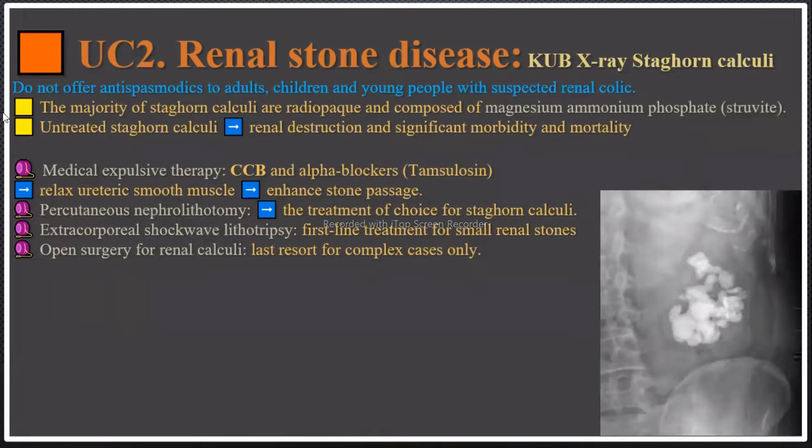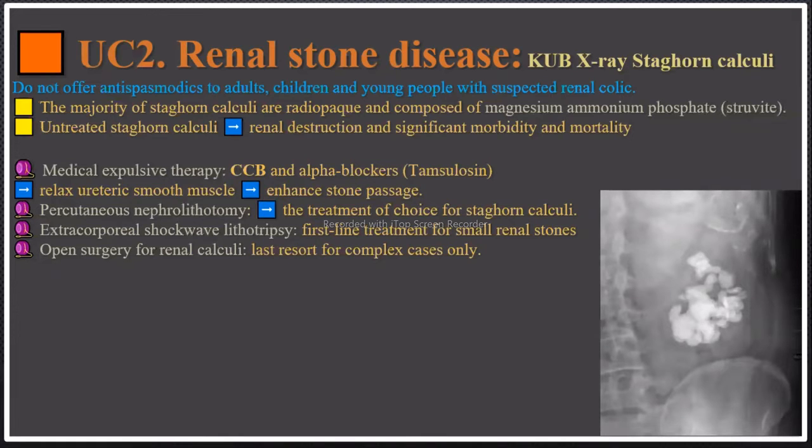Don't offer antispasmodics to adults, children, and young people with suspected renal colic. The majority of staghorn calculi are radio-opaque. Sometimes people, even urologists in some hospitals, offer antispasmodics like Buscopan because they think it will dilate the ureter and help the stone pass, but it will cause severe pain.